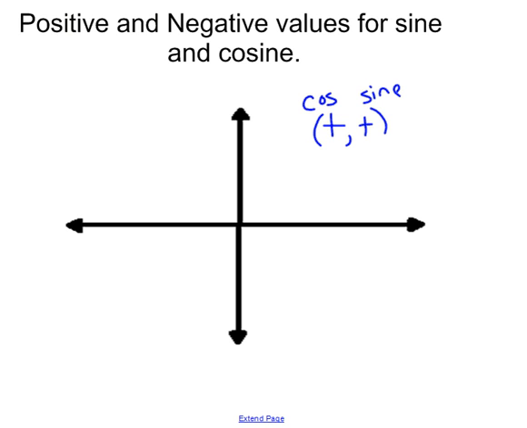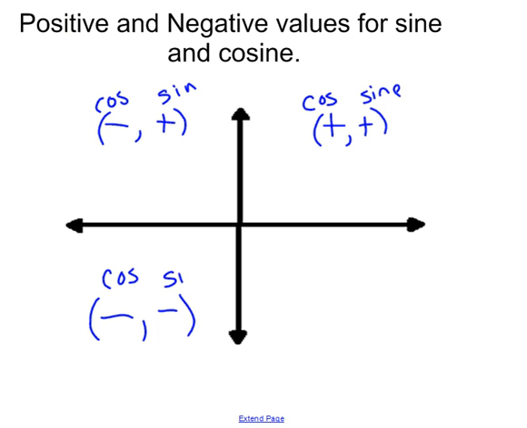In the second quadrant, we found out that cosine was negative, but sine was positive. In the third quadrant, we found out that both of those were negative. And in the fourth quadrant, we found out cosine was positive and sine was negative.